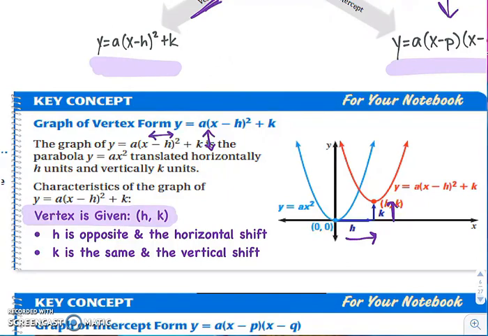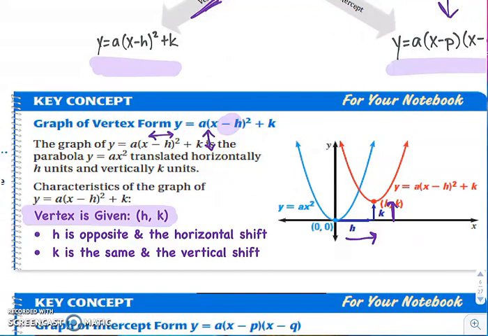If you take notice in your equation, it's minus h, but we went to the right. That's why I wrote down here for your bullet, the vertex is given (h, k), but h is actually opposite. So if it says minus 5, you're actually going to move to the right 5.